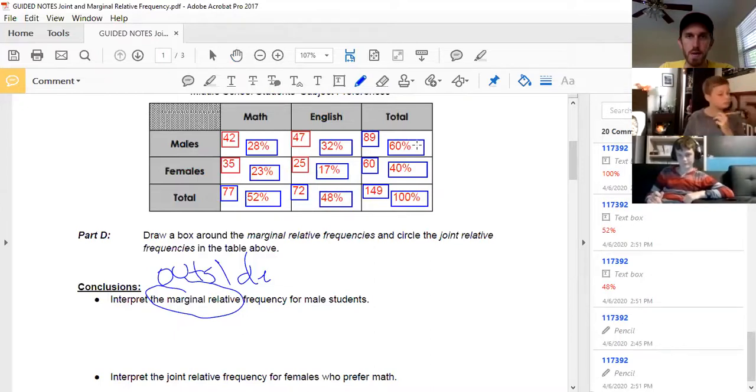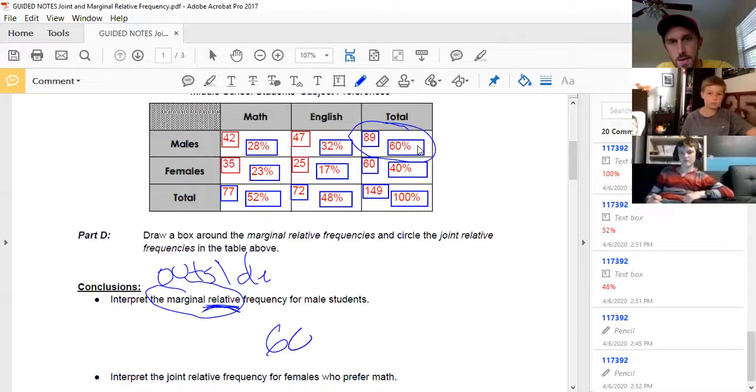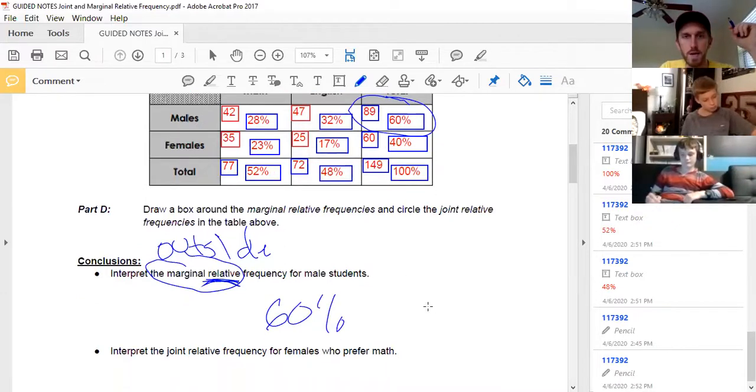And it says for male students. So I'm going to take the outside total for male students relative to the grand total, because I still got that relative word here, right? So what is the percentage of male students here? Yeah, 60%. 60%, we already did that, okay? And then over here, we've got joint relative frequency.